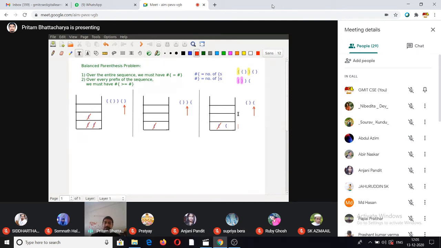And here is a scenario where condition 2 was always okay, but at the end of the string, I have ended up having more opening parentheses than closing. So condition 1 has been violated. How do I detect this? At the end of the scanning process, the stack is not yet empty. That means there were more opening than closing. So this is again a scenario where the algorithm says, no, this is not a valid sequence of balanced parentheses.